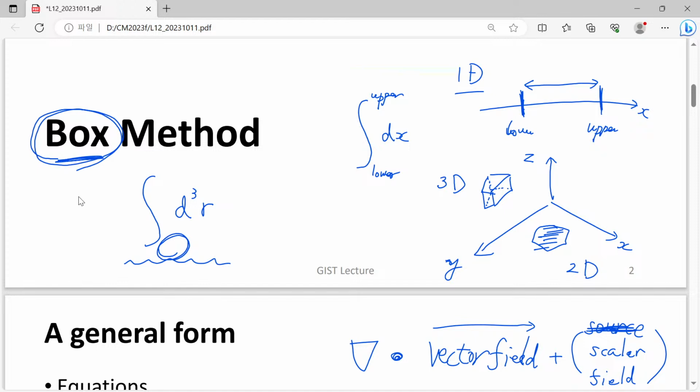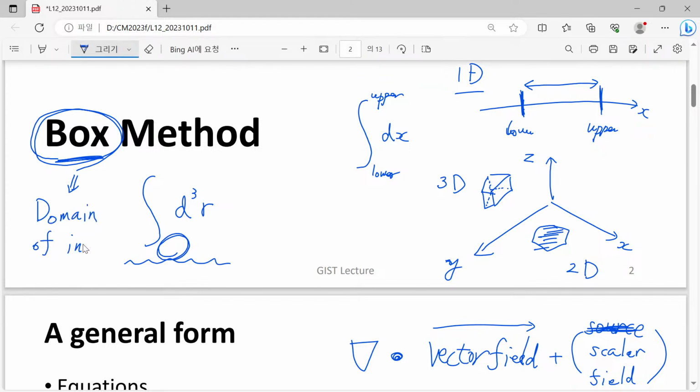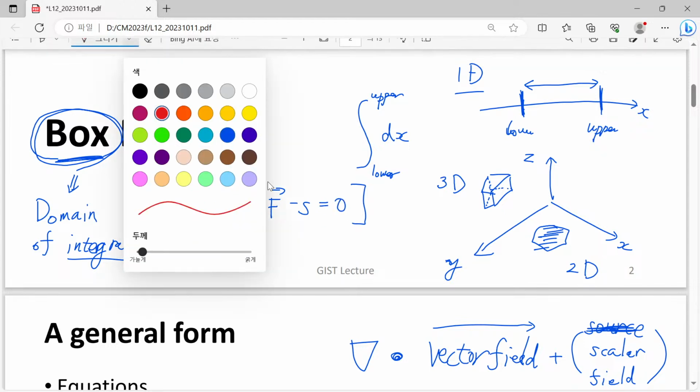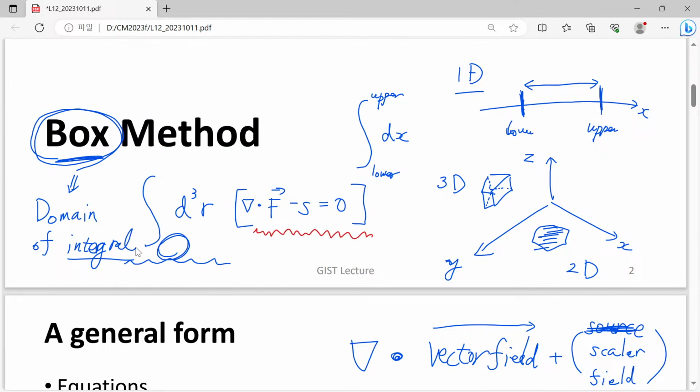So here, box means the domain of our integral, and we want to integrate our equation. What is the equation? Divergence of f minus s equal to 0. We want to integrate this original equation over a certain box.